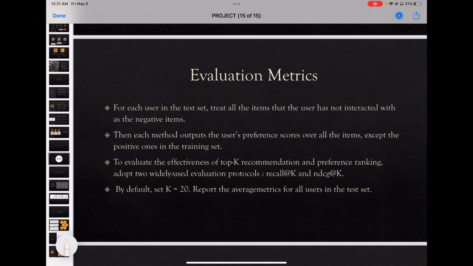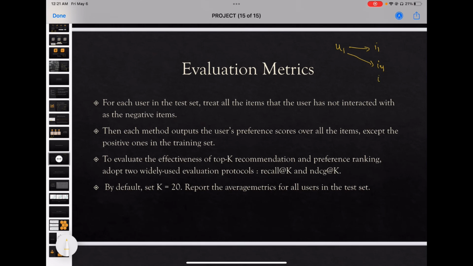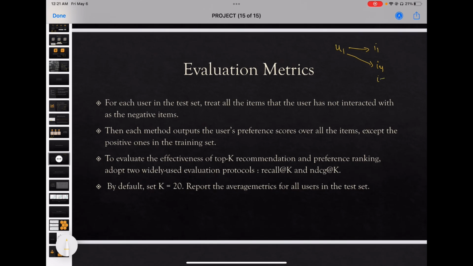So suppose user 1 had an interaction with item I1 and item I4. These are termed as positive interactions. However, if it does not have an interaction with item I5, then that is termed as a negative interaction or negative item.